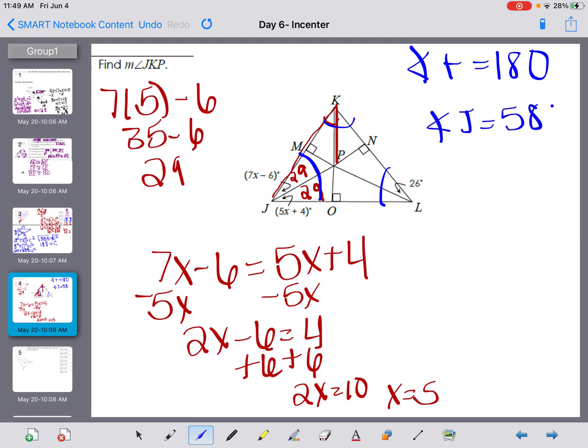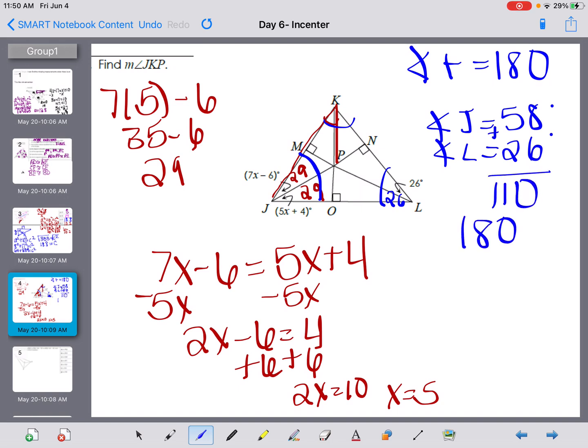I can find out what angle L is because that's going to be 26 plus 26. Now, if you're asking where I got the other 26 from, because this is an angle bisector, both of those are equal. So I can find out angle K by adding these together, getting 110, and then doing 180 minus 110. So I get 70. So angle K equals 70.